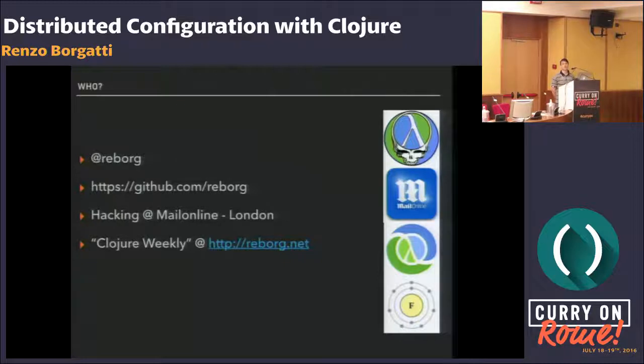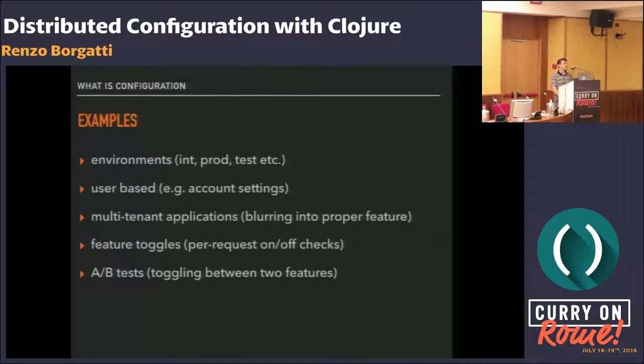Typical examples: you want your application to change behavior based on environment. If you're on local development, you want some specific configuration that connects locally maybe. If you are on integration, there's a different configuration, and so on until production, where maybe your hosts and IPs are changing.